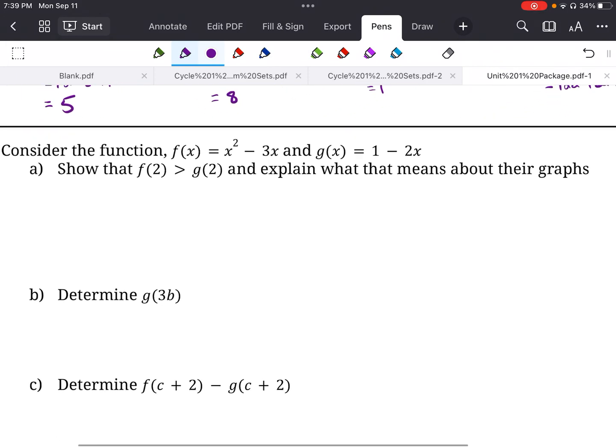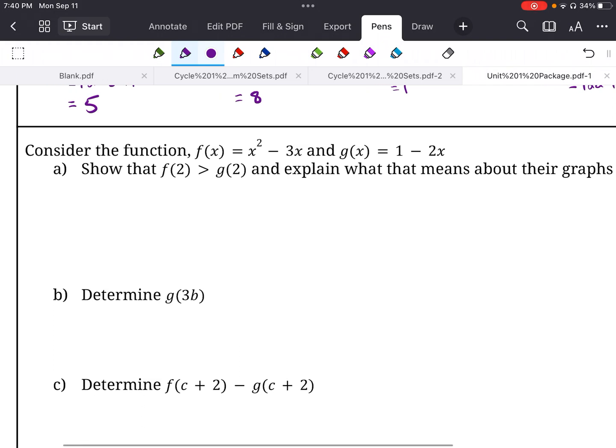Okay, consider the function f of x equals x squared minus 3x, and g of x equals 1 minus 2x. So these are two different functions, an f function and a g function. Show that when the x value of the f function is 2, we'll get a smaller answer than when x is 2 in the g function, and explain what that means about their graphs.